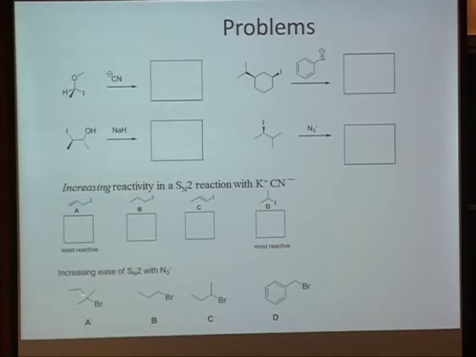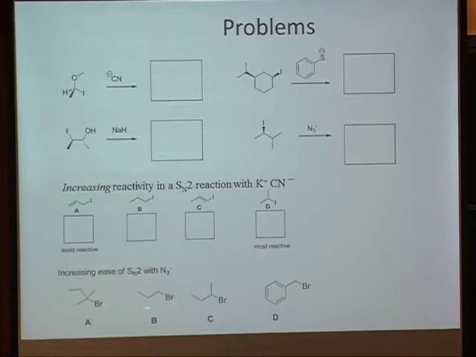So let's see if I have a primary. Which are primary? Is this primary? Yes, so D is primary, I'll put D. What else is primary? B is primary. So these are better. We'll rank these later.